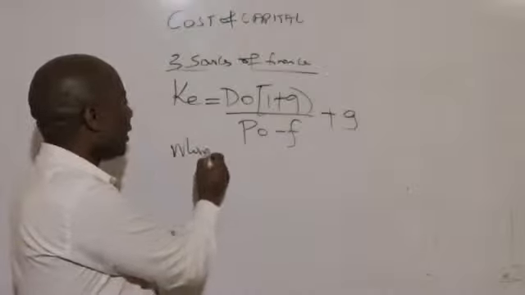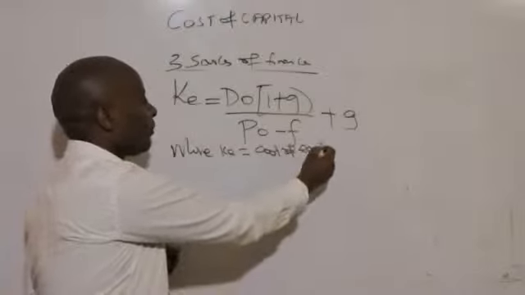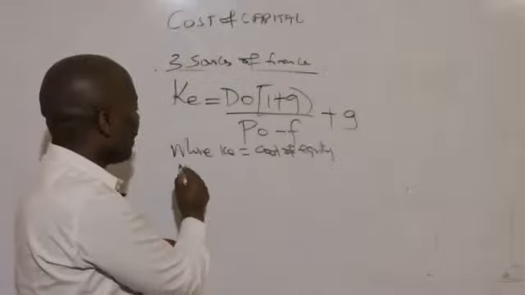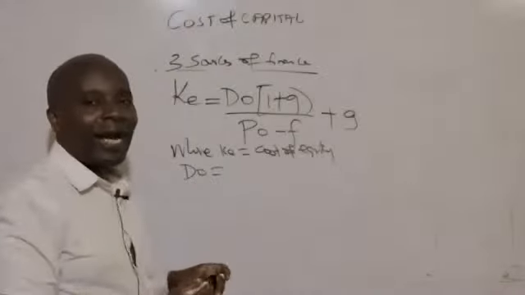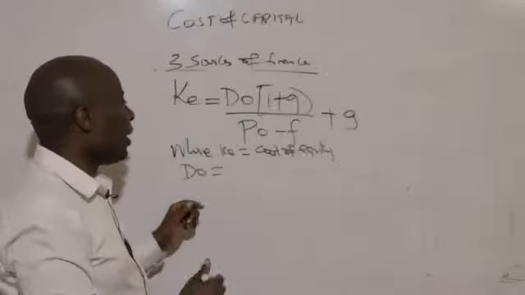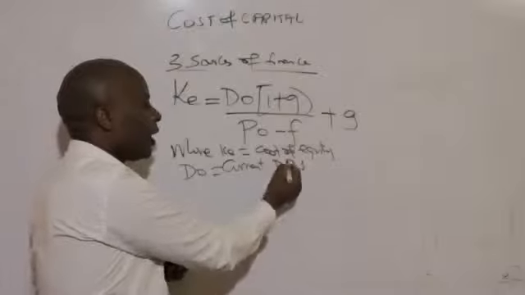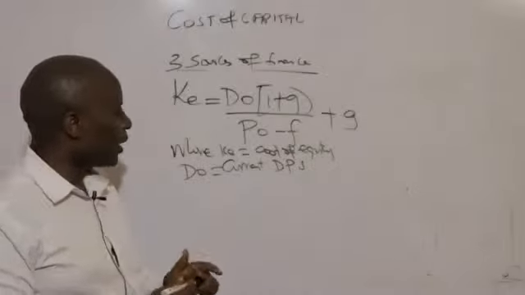Where KE stands for cost of equity. D0 stands for current. 0 means today. So D0 means current dividends per share. Please write in full. Current dividends per share.